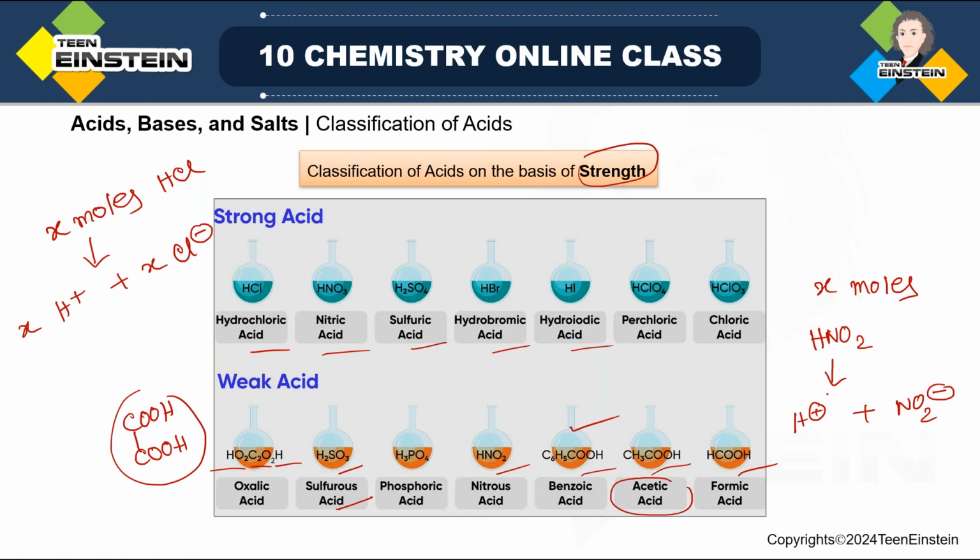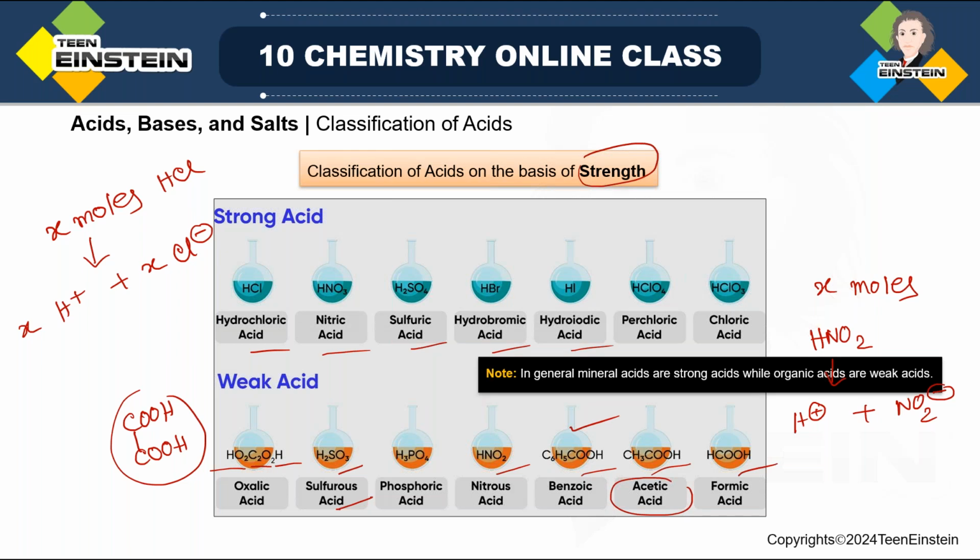So next, this is an important note: you have to remember that in general mineral acids are strong acids. We have seen the classification of acid on the basis of source in the last class.